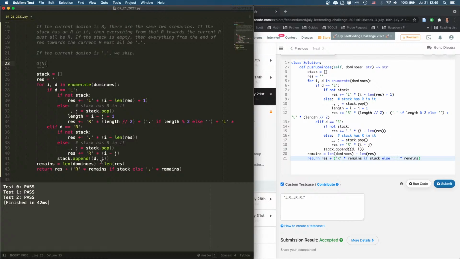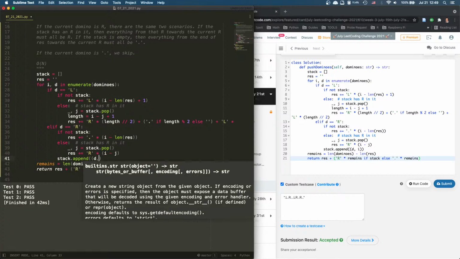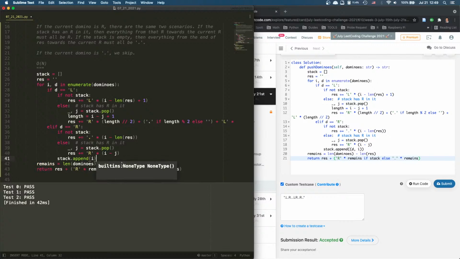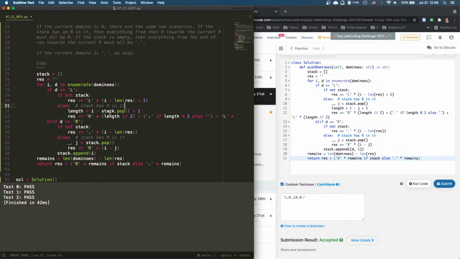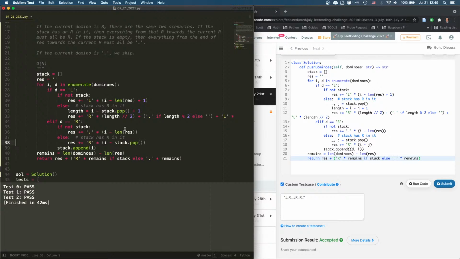Oh, why do you append D? There's no point in appending D. We just need to append i. And then this we can simplify: stack.pop, so that's going to be i minus the pop. That's the length. And here the same thing, stack.pop. And then remains is whatever remains, and we go through the stack.